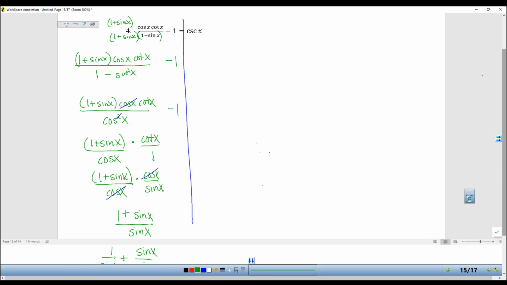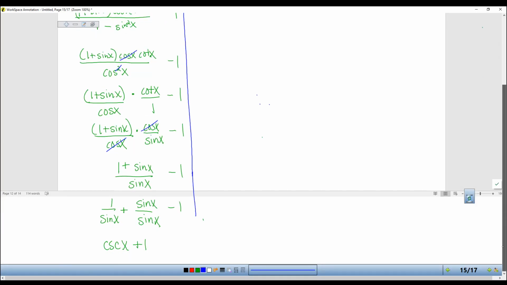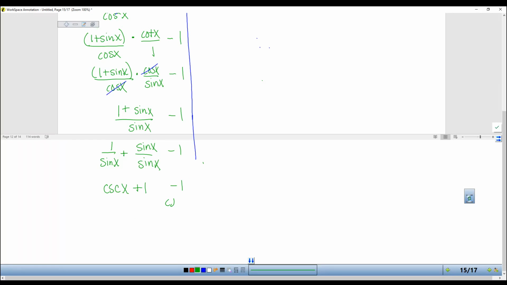But it turns out for me, I just lost this minus 1, minus 1, minus 1, minus 1, minus 1. A very long problem. And fortunately, with that minus 1 there, the final answer is, a little more room there, cosecant of x.